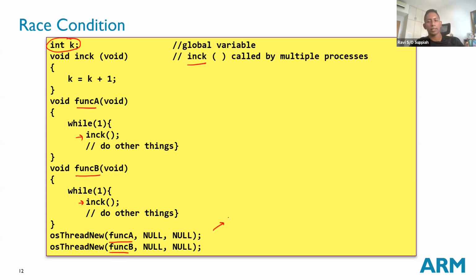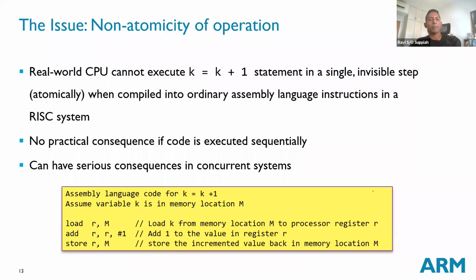So this is like task A or thread A, and this is task B. Two different threads running, and both of them are going to call the same function, which is increment_k.